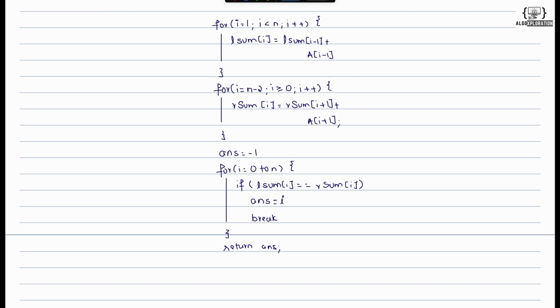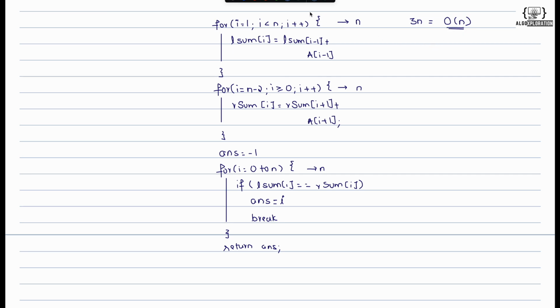So if you see the time complexity of this problem, there are actually 3 for loops here, but all are not dependent on each other, right? This is running for n time, this is also running for n time, and this is also running for n time. So it will be 3n, order of n time complexity.